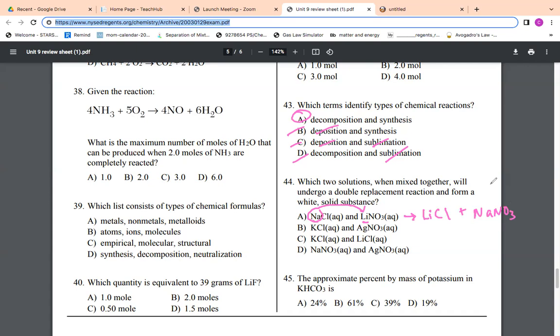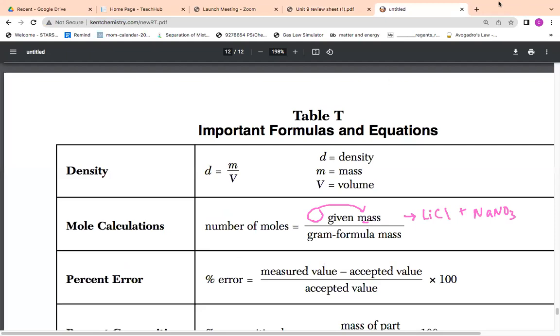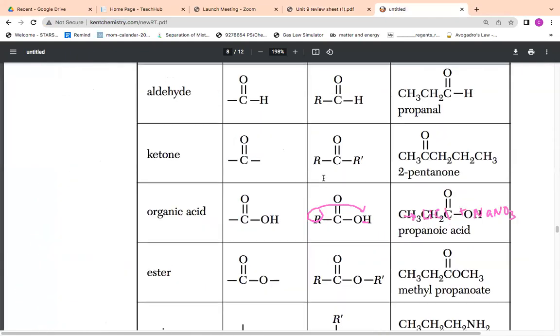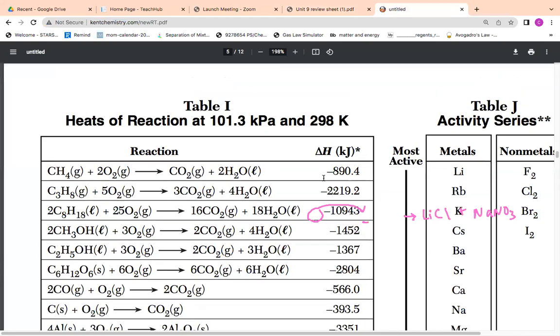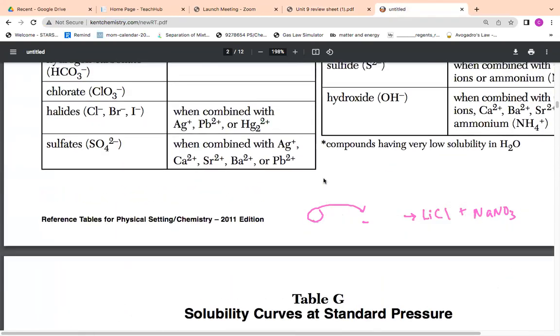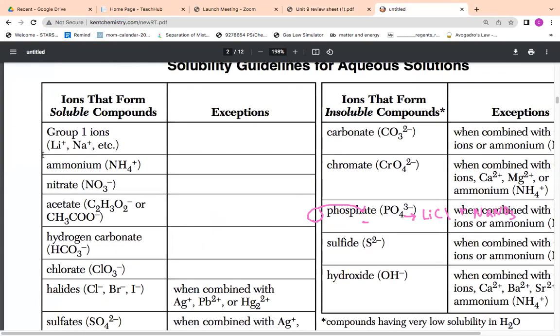Now, at this point, I'm going to erase this stuff. We need to go to the reference table and go up to table F. This is solubility. Here, again, I'm just going to write out what my products were for that reaction.